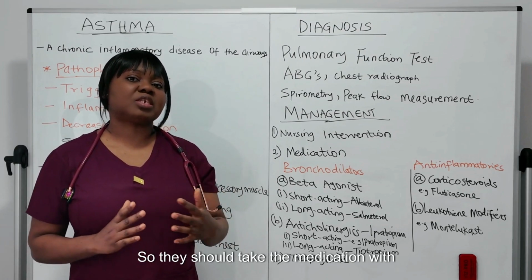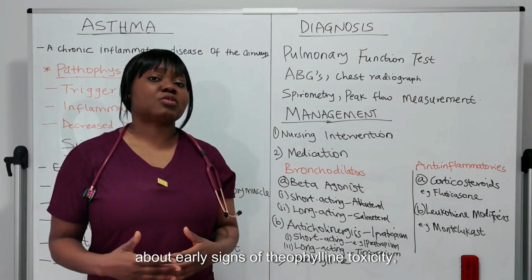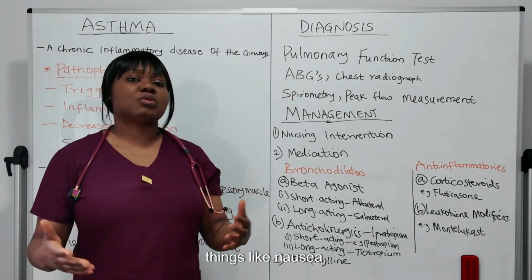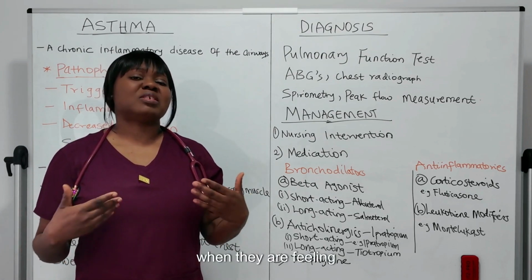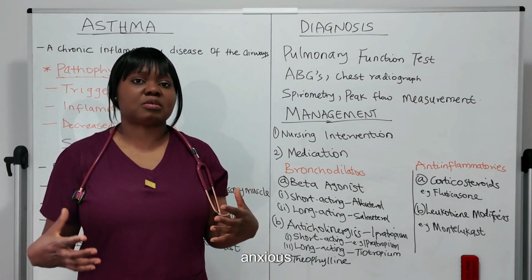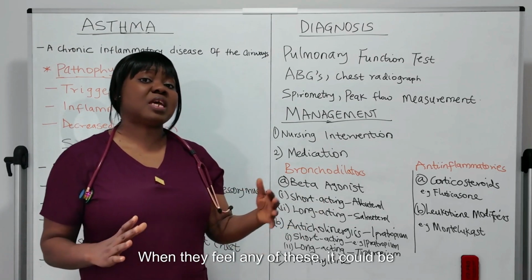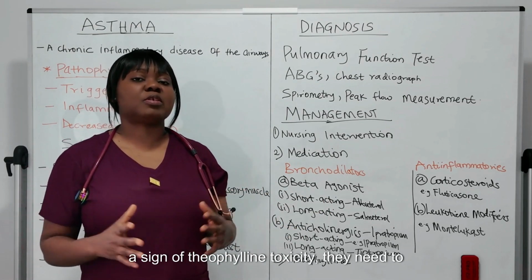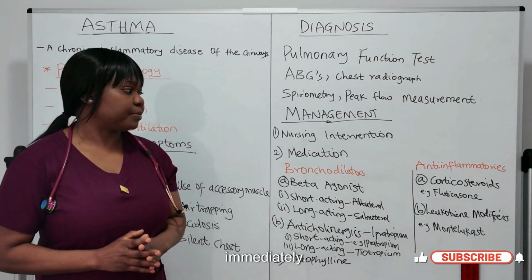You need to teach them about signs of Theophylline toxicity, things like nausea, vomiting, nervousness, restlessness, feeling anxious, and even palpitation and seizures. When they feel any of this, it could be a sign of Theophylline toxicity, and they need to contact their healthcare provider immediately.